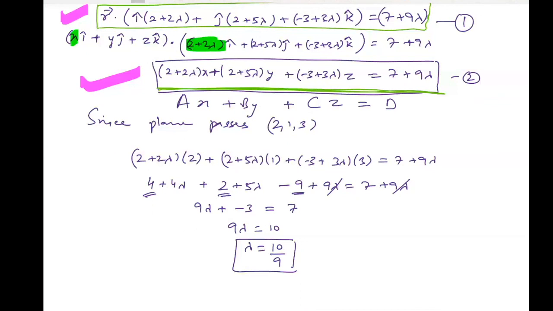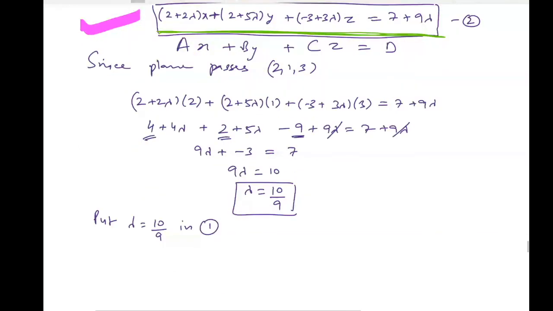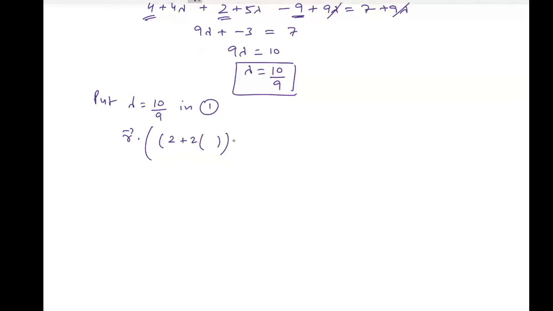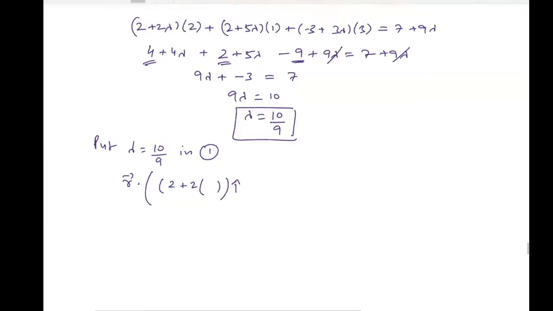So just put lambda equals 10 by 9 in the first. That is nothing but r dot (2 plus 2 lambda) i cap plus (2 plus 5 lambda) j cap plus (minus 3 plus 3 lambda) k cap equals 7 plus 9 lambda.